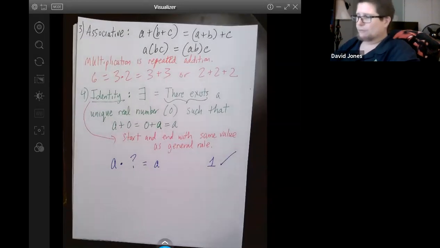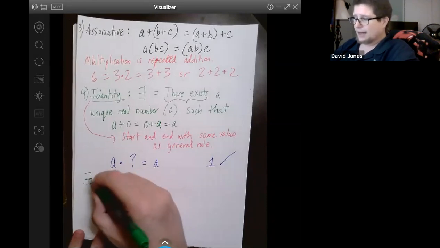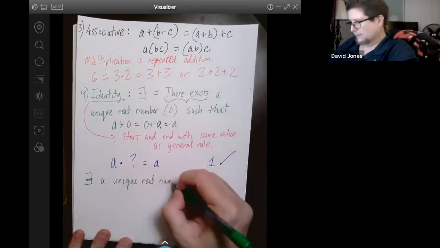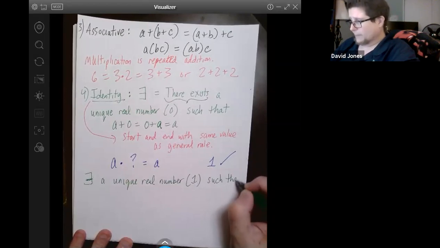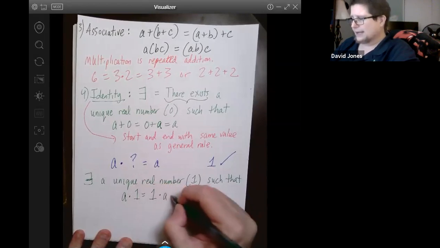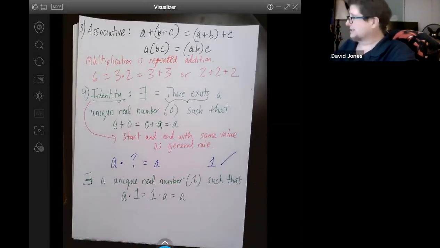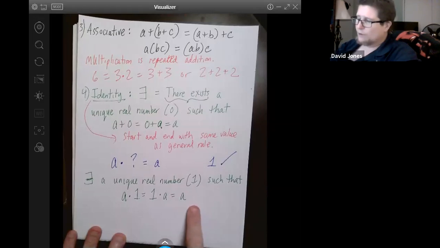So the other identity rule is there exists a unique real number, in this case 1, such that A times 1, which equals 1 times A, equals A. That's the math thing, why we don't put ones. 1 times A is the same thing as A.